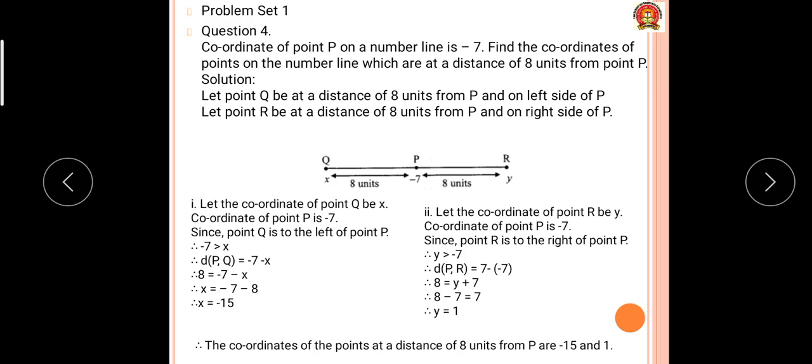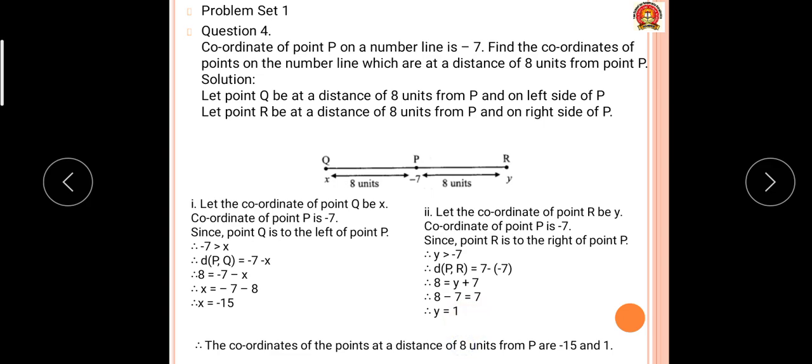Now let's consider that the coordinate of point R be y. The coordinate of point P is -7. R is on the right side. Therefore its coordinate should be greater. Obviously y should be greater, and according to these conditions we can write y minus (-7) is equal to 8. So y minus (-7) is equal to 8, and therefore 8 is equal to y plus 7. 8 minus 7 is equal to 1.